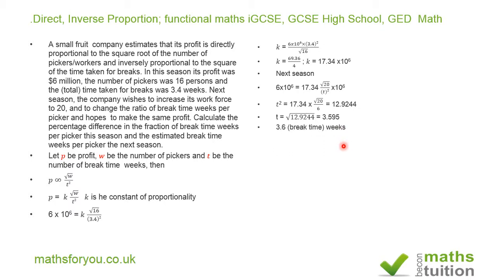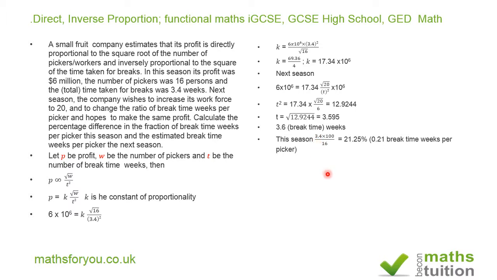To one decimal place, T is equal to 3.6 break time weeks for next season. This is what we require in order for the company to make the same profit next season as it did this season.